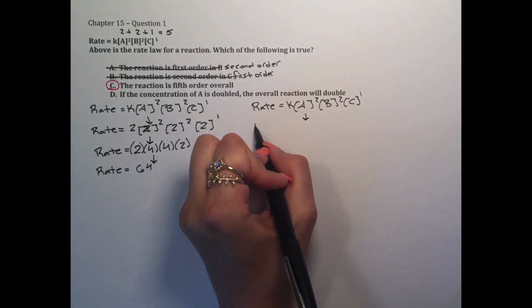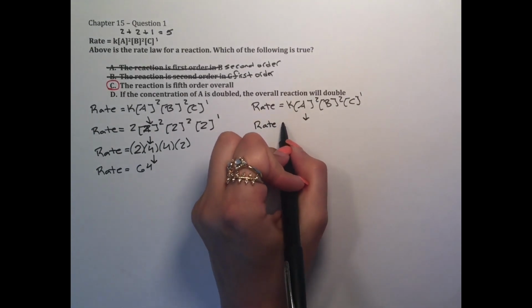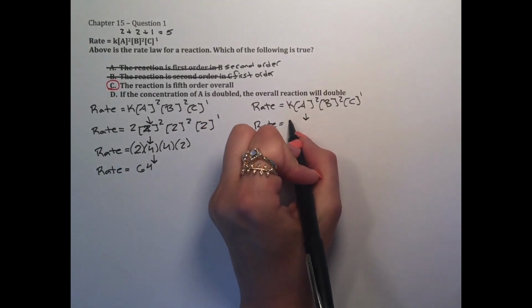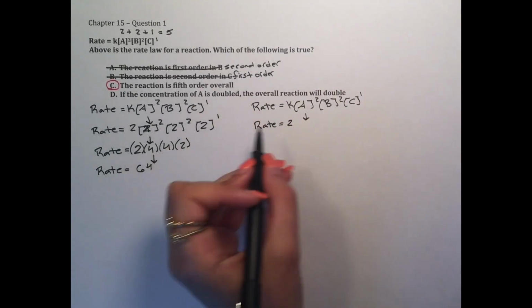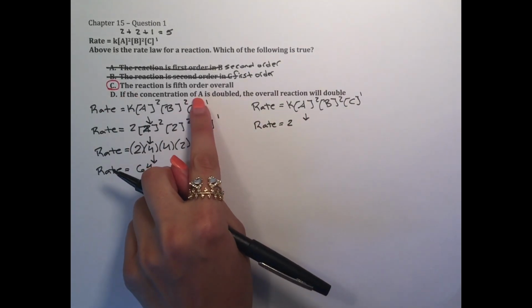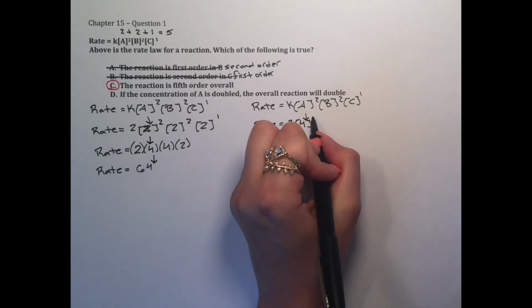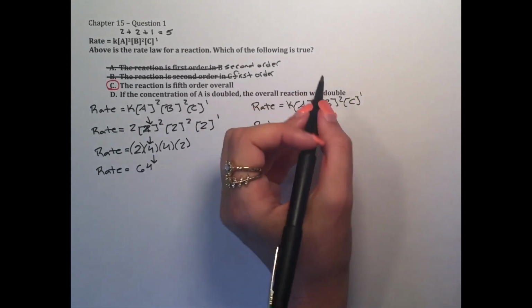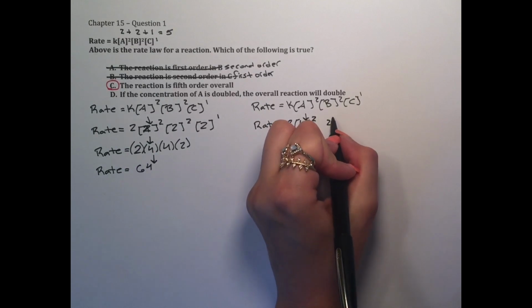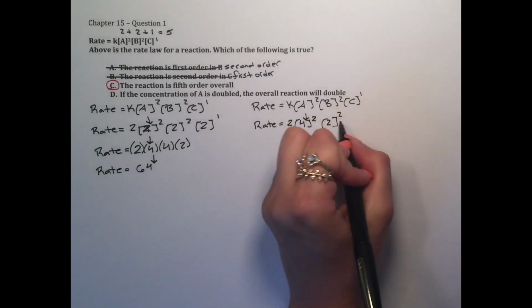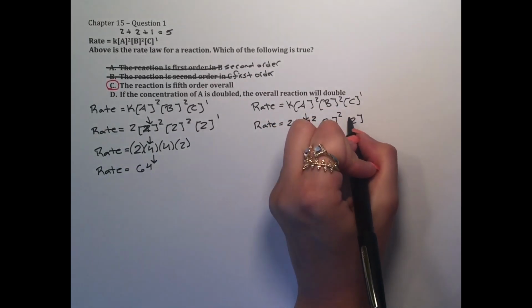Okay, so we have K is still 2. A is now 4 because the concentration of A doubles. And that square is still there. B is still 2. And C is also still 2.